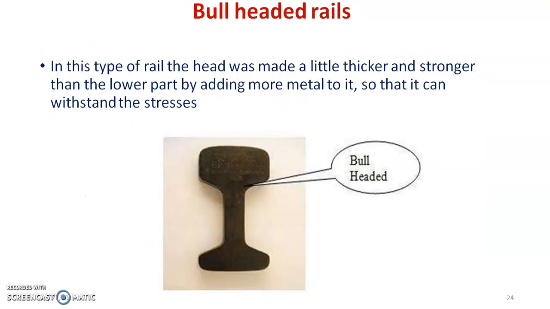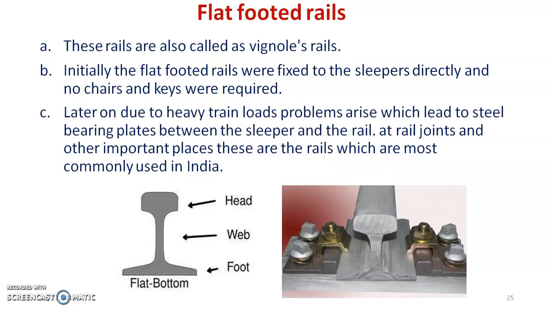But in the bull-headed rail, the top portion is thicker and stronger, but the lower portion is very thin. So the cost will be less, but it can withstand the stress. Only up to the point of withstanding the stress, the metal portion is provided.